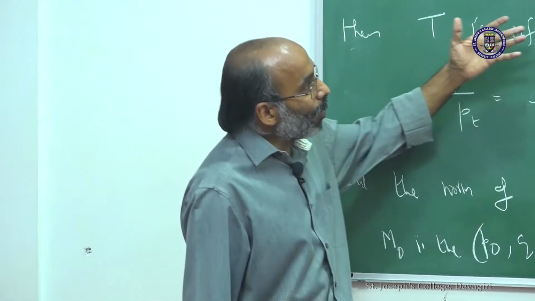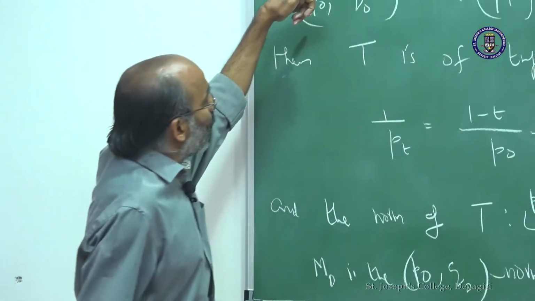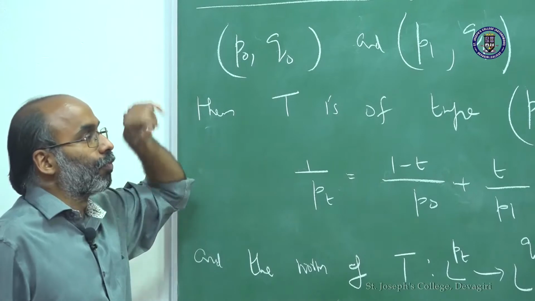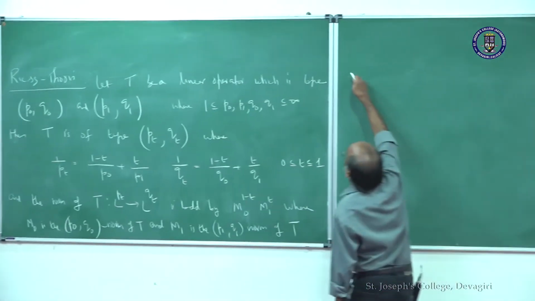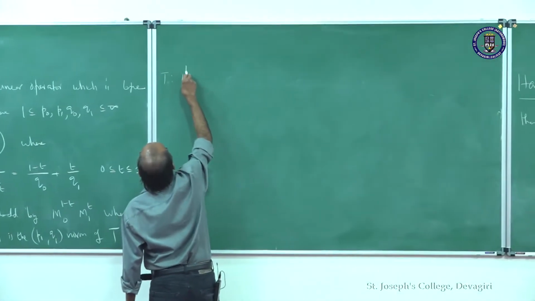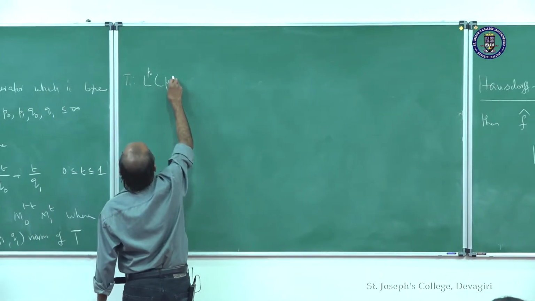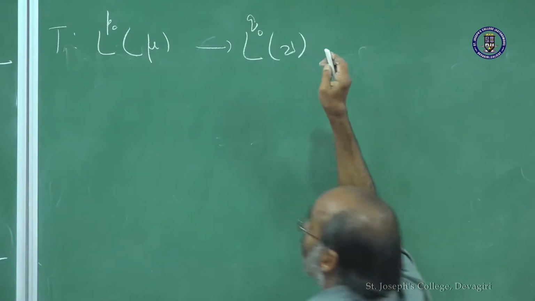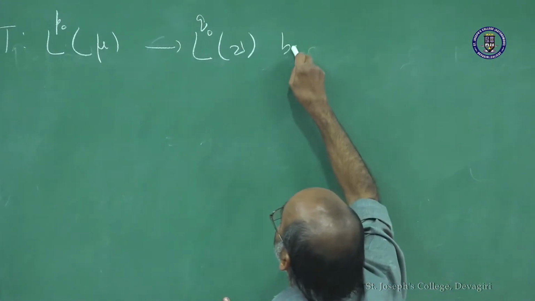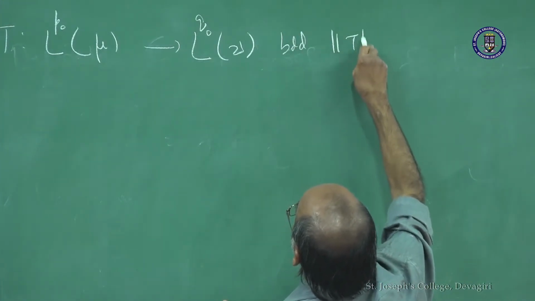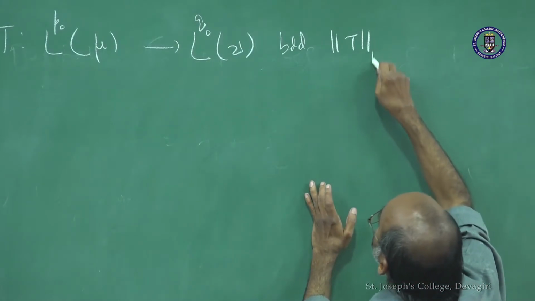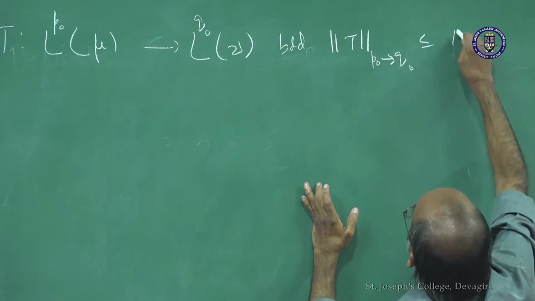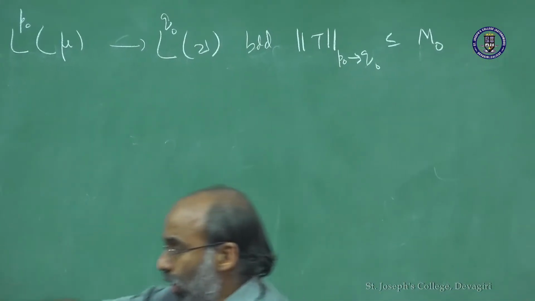I have a linear operator which is bounded from L^{p0} to L^{q0}. So, let us write down T is from L^{p0}. Remember there is some measure mu and some other measure nu. This is bounded, and the norm from p0 to q0 is less than or equal to M0, that is the constant we have.